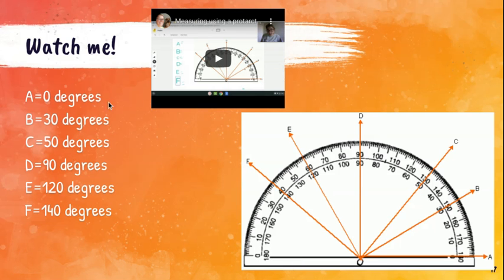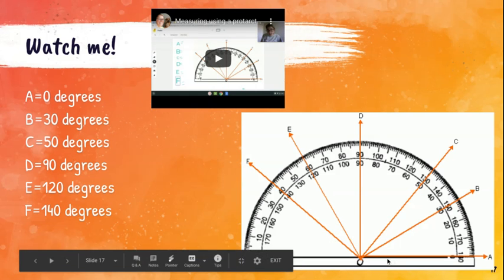All right. Let's look at angle A. Well, angle A, remember, when the angle A looks like this, it's that straight line, that ray that goes straight this way. And if I put my protractor at the vertex point here, we are measuring angle A only at 0 degrees. We're looking at these numbers right here on the bottom.